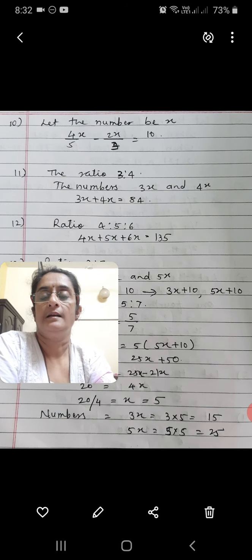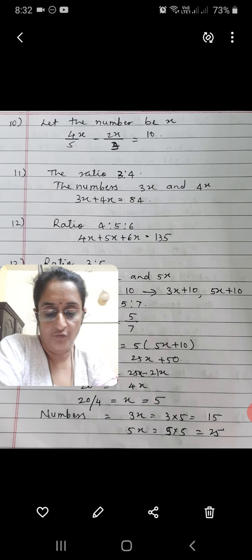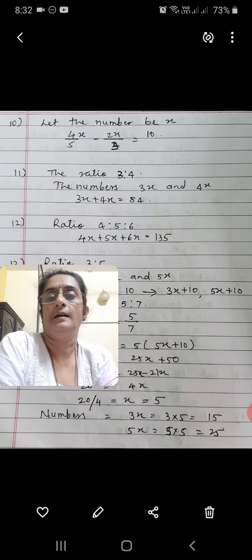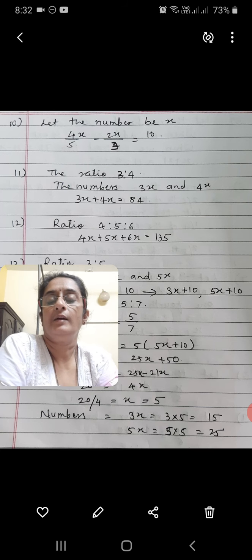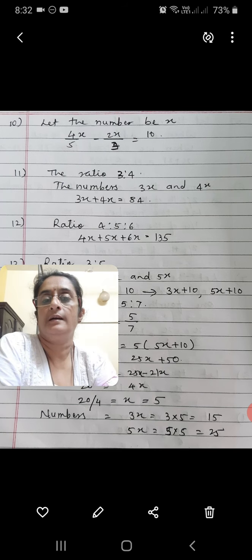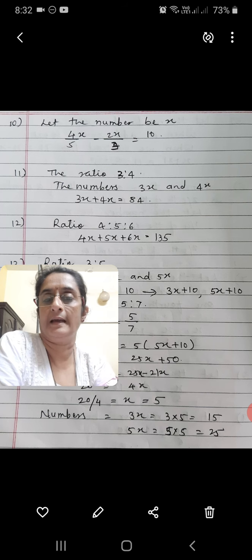That is the 10th one. 4/5 of a number exceeds 2/3 of the number by 10. So the number will be x. Now if you take 4 out of 5 parts, or if you take 2 parts out of 3, which will be more? 4/5 will be more. 4/5 of x is 4x upon 5. 2/3 of x is 2x upon 3.